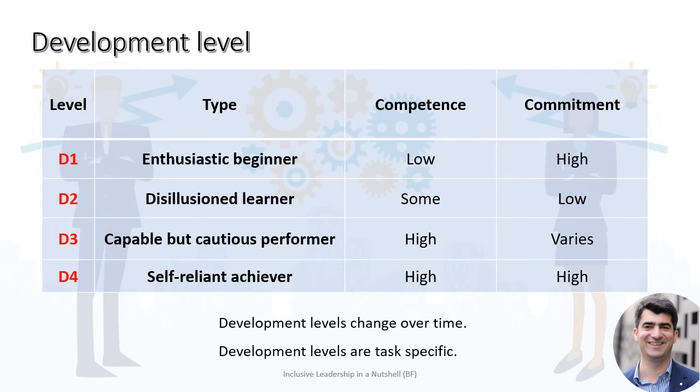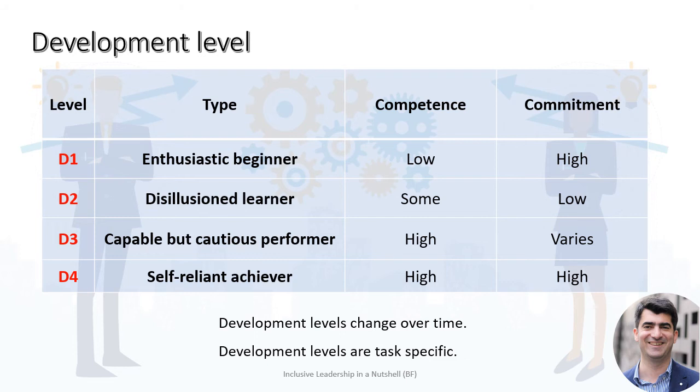The member is more than capable of performing the task, but for some reason they are unwilling, or again, they lack the confidence to perform the task. And the last level, the D4 level, is those employees who are self-reliant achievers.